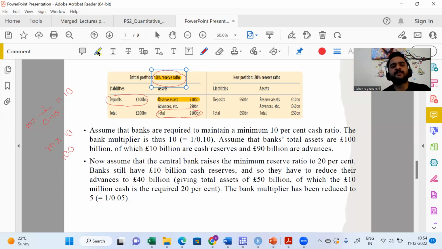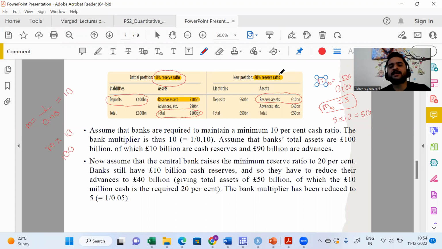Now suppose the central bank decides to increase the reserve ratio. Once it increases the reserve ratio, the new multiplier becomes 1 upon 0.20, which is basically 5. So the new multiplier is 5, and with the same amount of assets the bank had previously, the total money it can create is 5 into 10, which is 50.